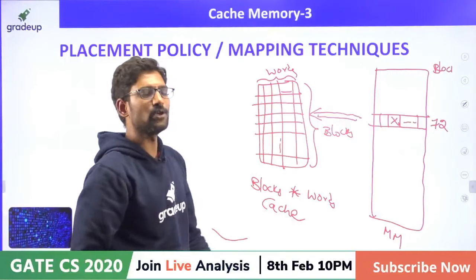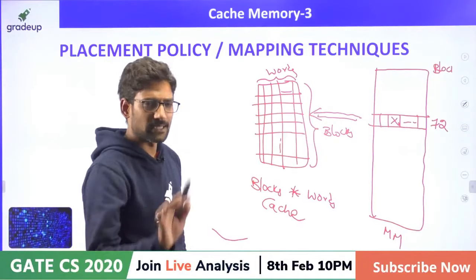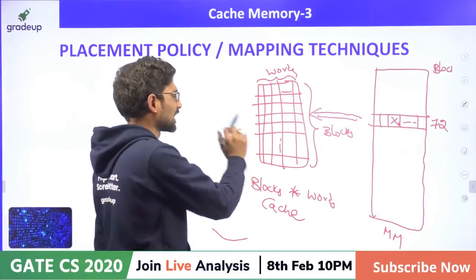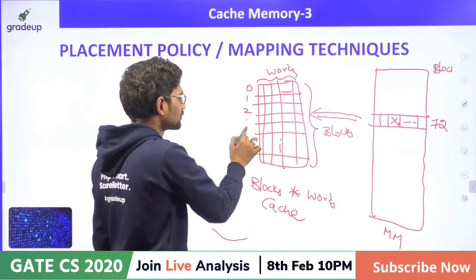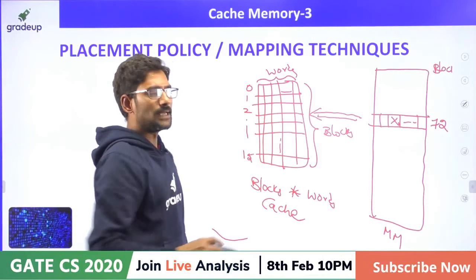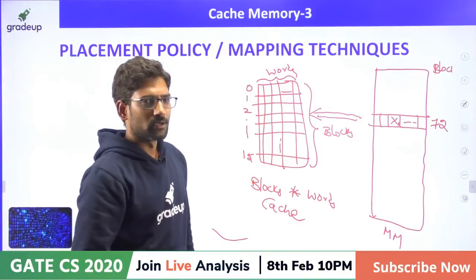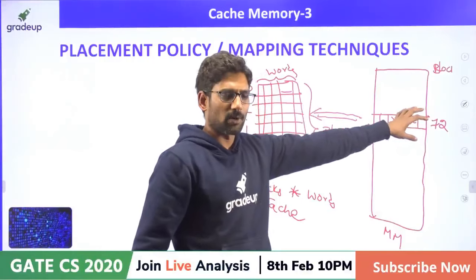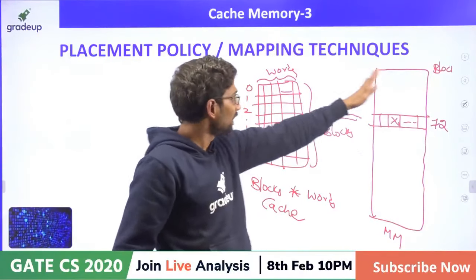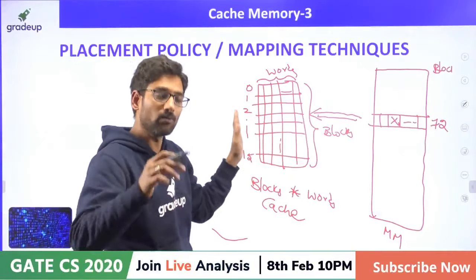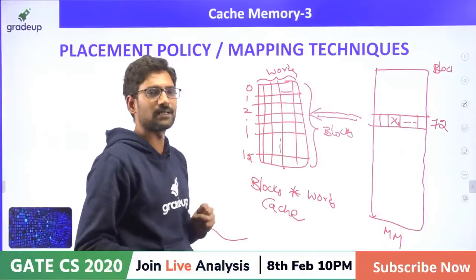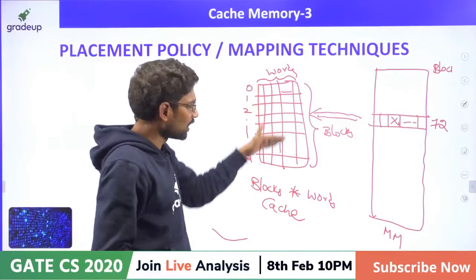In which block will you place it? Let's say there are only 16 blocks in cache. So the block that is copied from 72, where will you place it in cache? How do you decide that you have to place it here? These are all vacant.